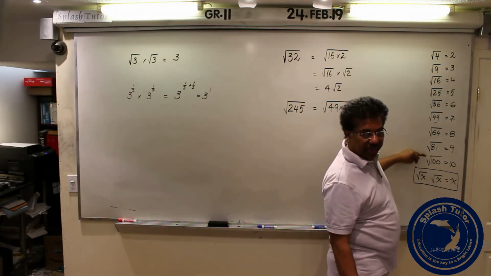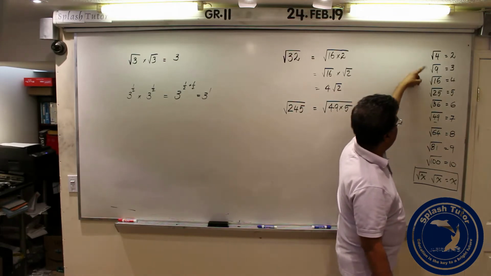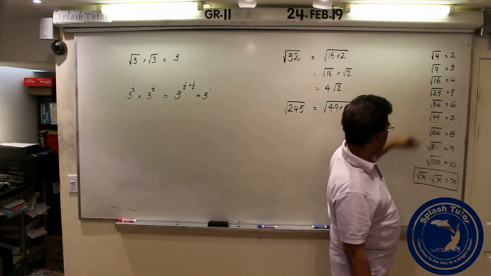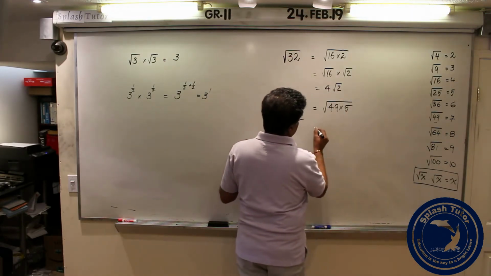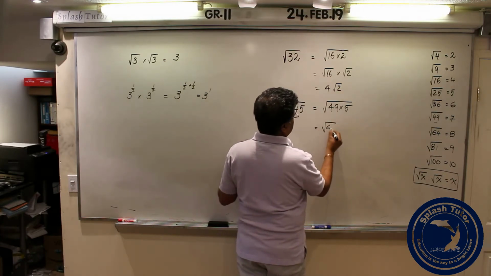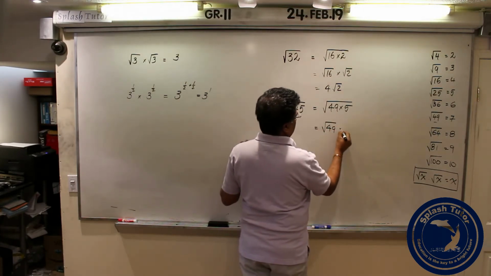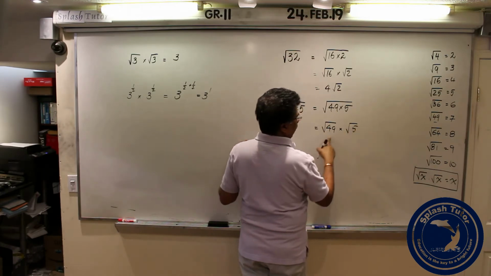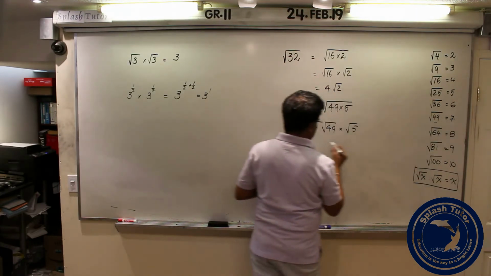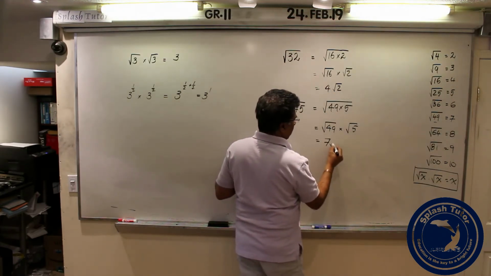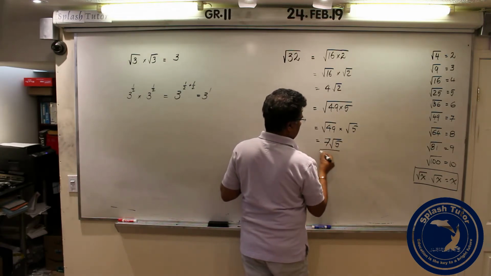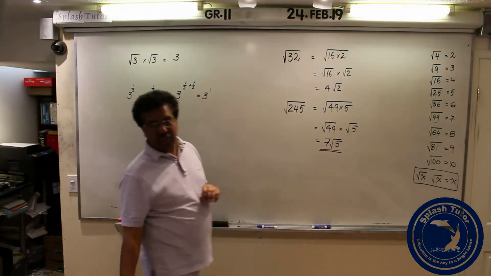These are the only numbers that you can select: either 4, 9, 16, 25, 36, 49. Then this equals 49 times 5. Root 49 is 7. Therefore, this is 7 root 5. Answer is 7 root 5.